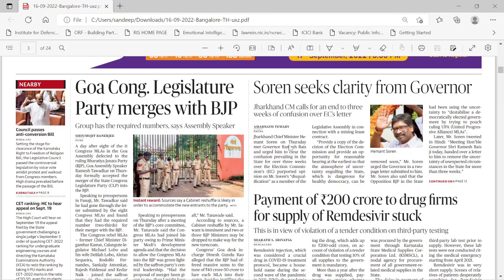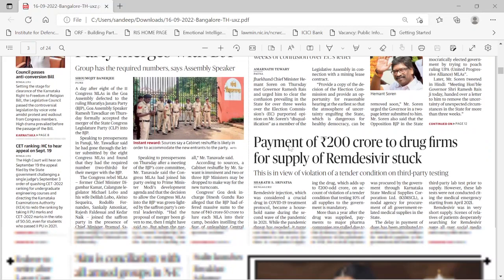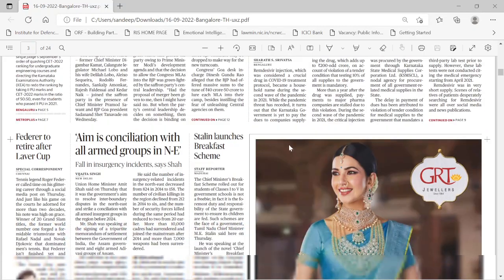That comes under office of profit and that is wrong. So the issue here is with respect to office of profit. I want you to note somewhere that in polity you have to study, first, anti-defection, and second, office of profit.